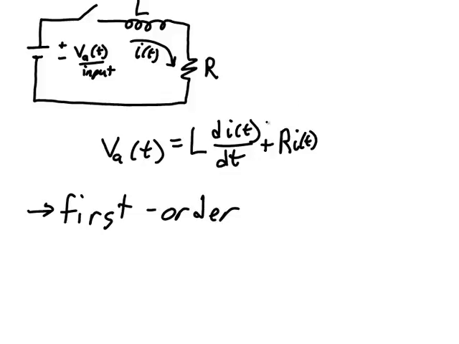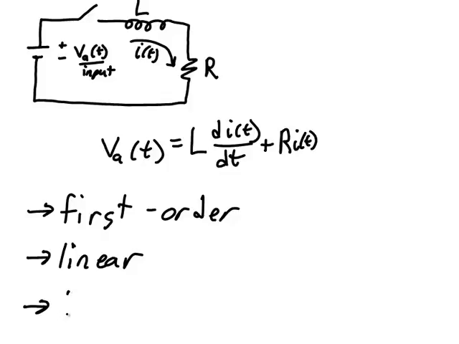The way we can tell that is that the output shows up as the first derivative and the zero derivative, but no higher derivatives. We can also tell that this system is linear because there are no squares of any of the variables. There are no multiplications between variables, such as di/dt times i, and there are also no sines or cosines of the variables or their derivatives.